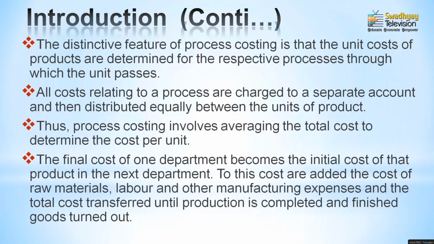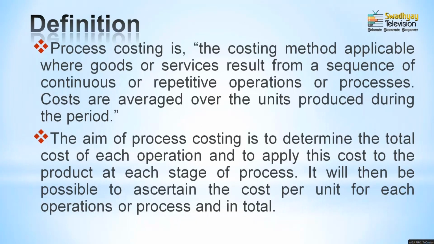In this way, the cost is added across the different departments. That means in each department a raw material cost may be incurred, production wages may be incurred, or you can identify other expenses too. So in this way the total cost is identified. So these are the basic things of process costing.